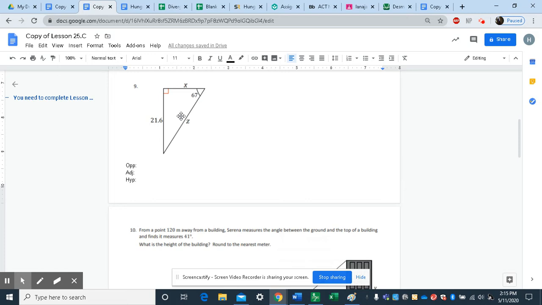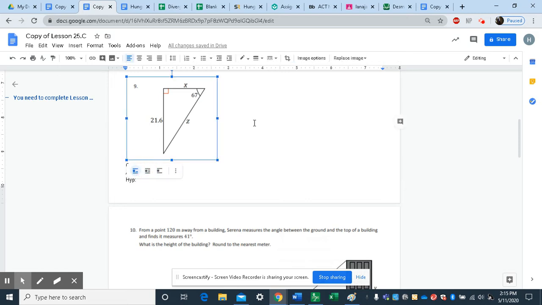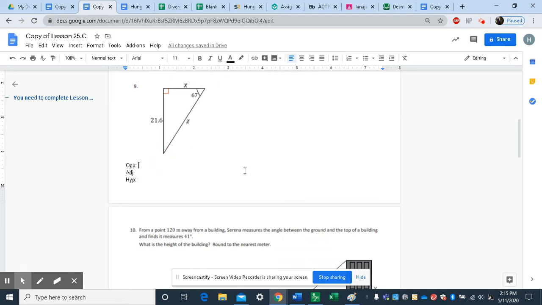We were given the side that is opposite of the acute angle. So we are given that the opposite equals 21.6. So now what we need to do is find our adjacent and our hypotenuse. So we're going to come back over to our DocCam.